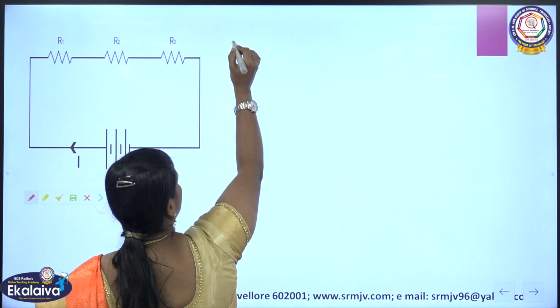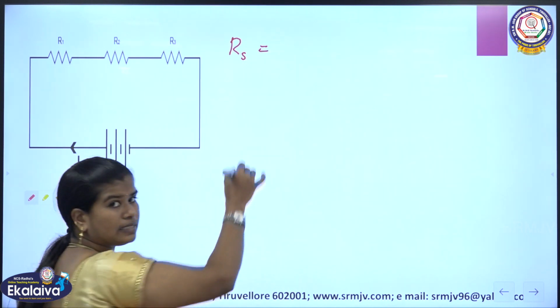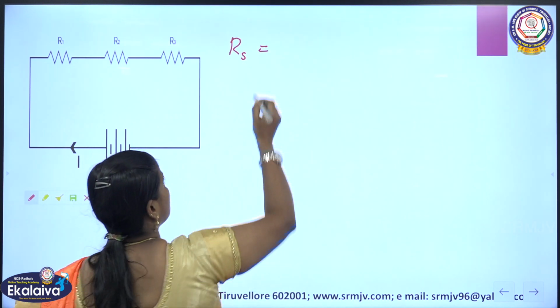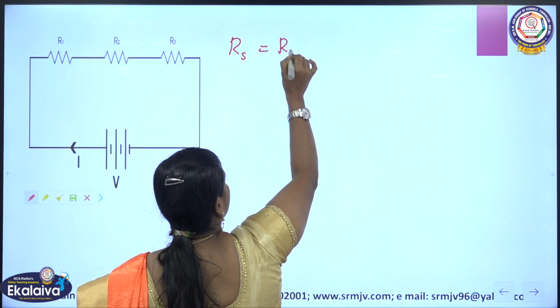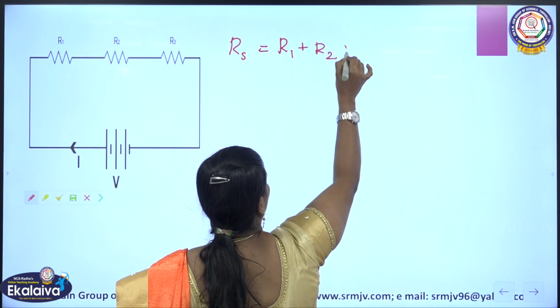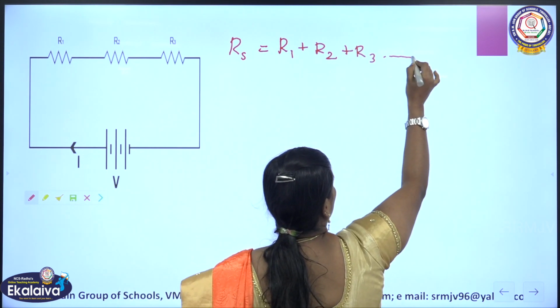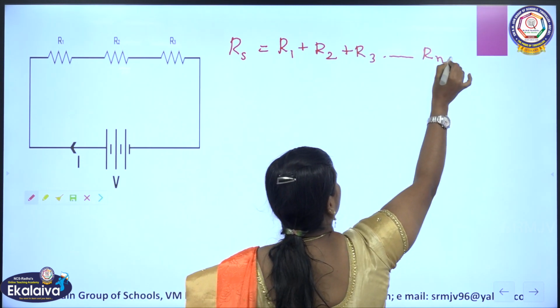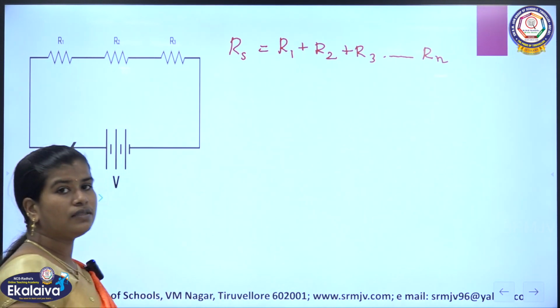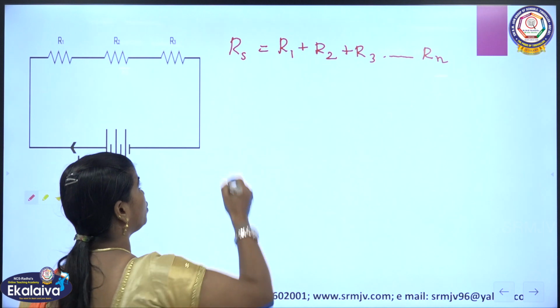So, it can be represented as Rs, that is the total resistance in case of series will be equal to the individual resistances, that is R1 plus R2 plus R3, and it keeps on going. Okay. And what will happen to the amount of current flowing through that?